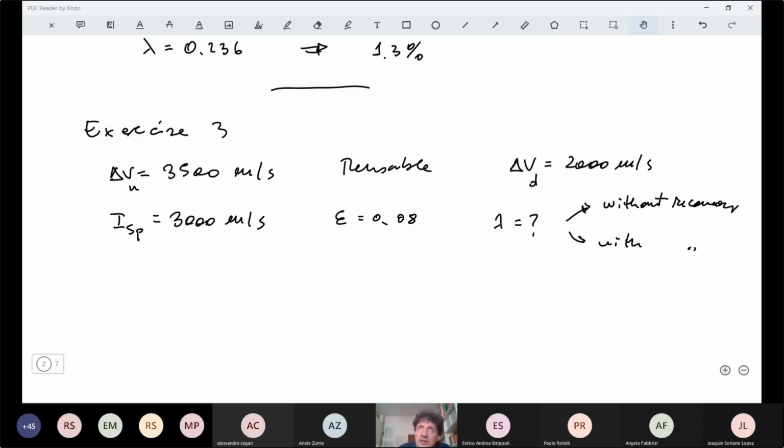So in the descent we have to consider, as in the case of staging, that we have removed part of the mass because we have delivered it towards the second part, that would be, for instance, another stage or something like this. So we have to be careful about that. But I'd like to leave it to you so that you will try.